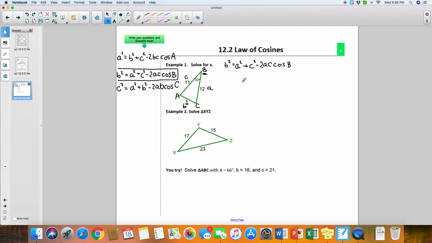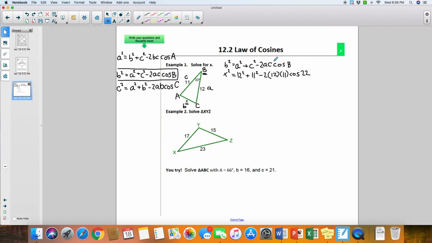Little b is x, little a is 12, little c is 11. It's 2 times a, which is 12, times C, which is 11, times cosine of angle B, which is 22.